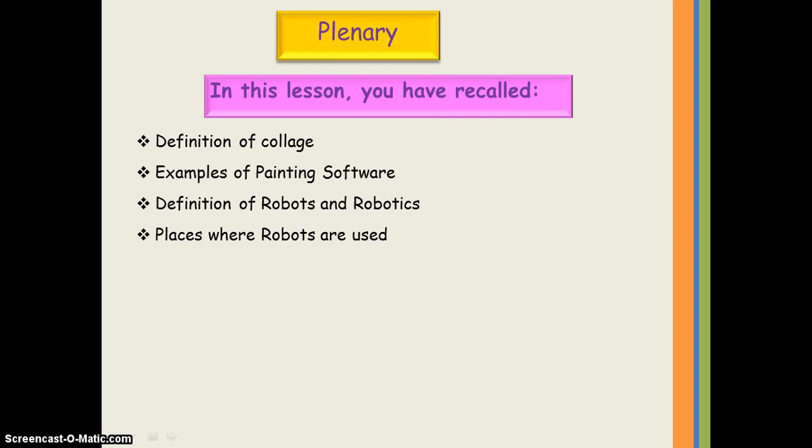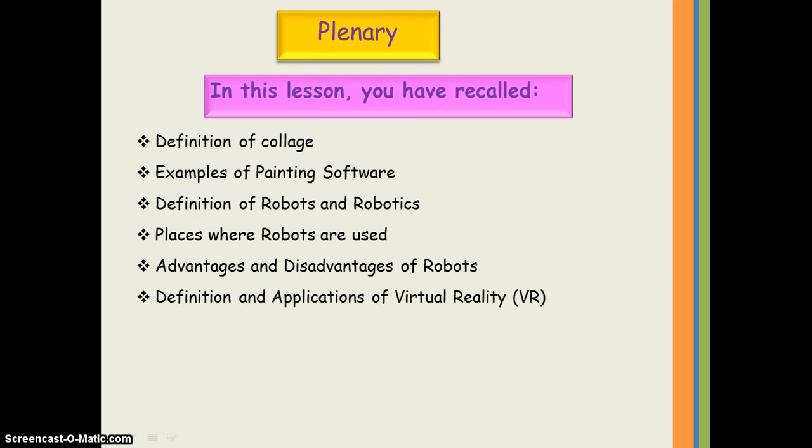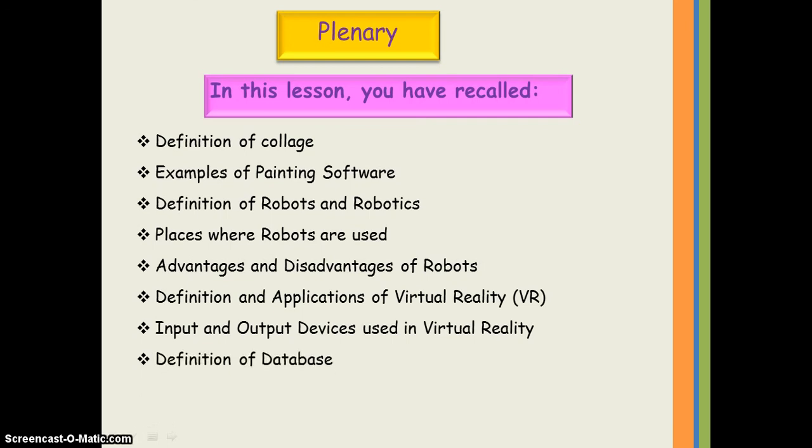We looked at places where robots are used, the advantages and disadvantages of robots, the definition and applications of virtual reality, the input and output devices used in virtual reality. Of course, we also talked about the database, the definitions, and the terms used in database. We looked at the places where database is used. Wonderful.